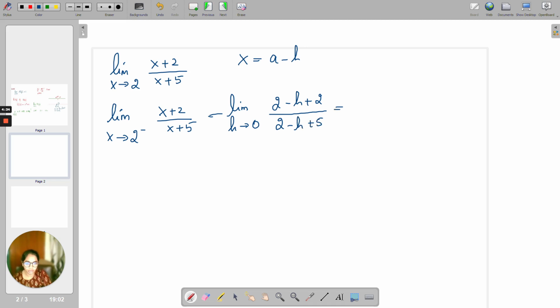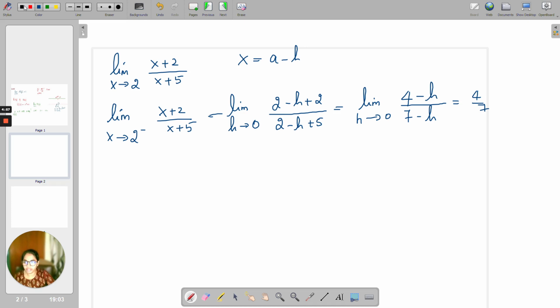So what do I get? I would get limit h tending to 0, 2 plus 2 is 4, minus h divided by 7 minus h. Now you just apply the limit and you would get 4 divided by 7.